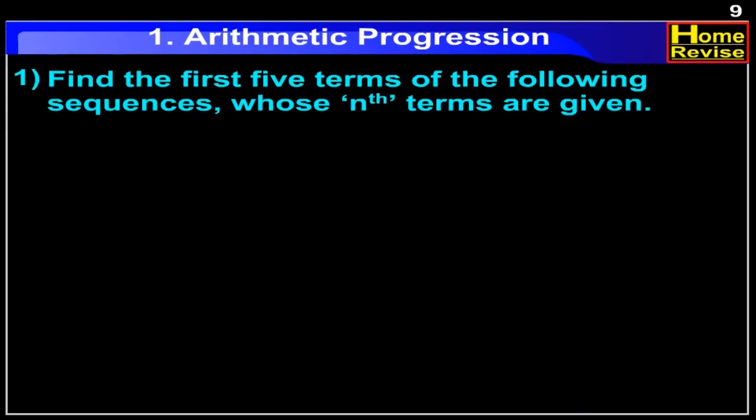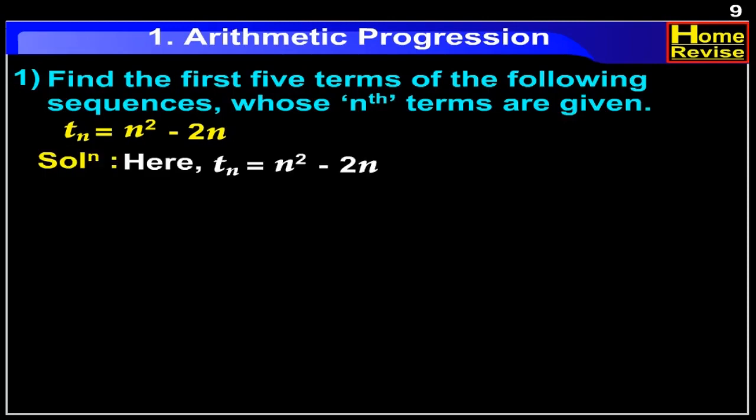Find the first 5 terms of the following sequences whose nth terms are given. Tn is equal to n square minus 2n. Here it is given that Tn is equal to n square minus 2n.